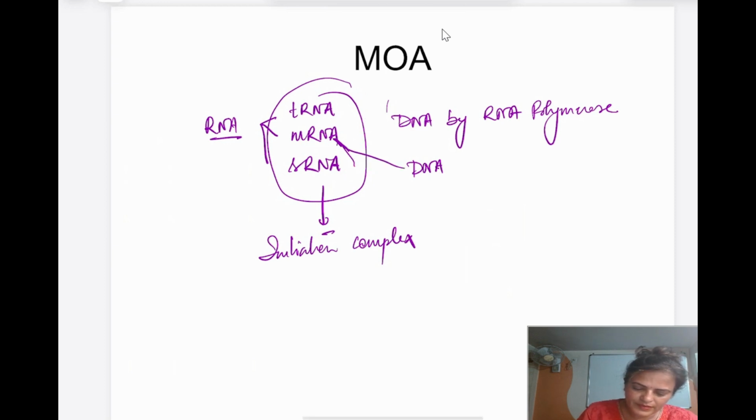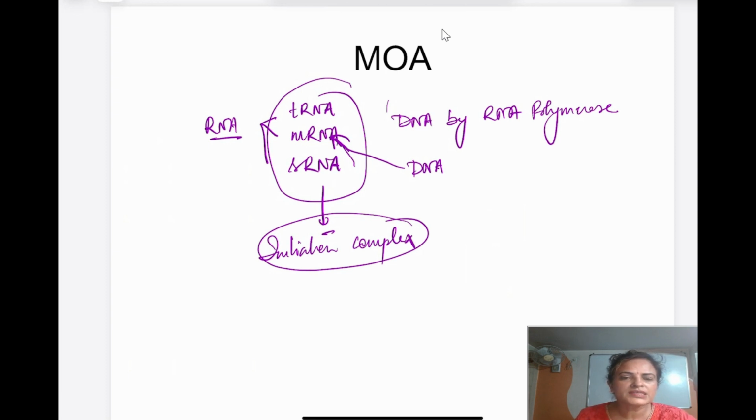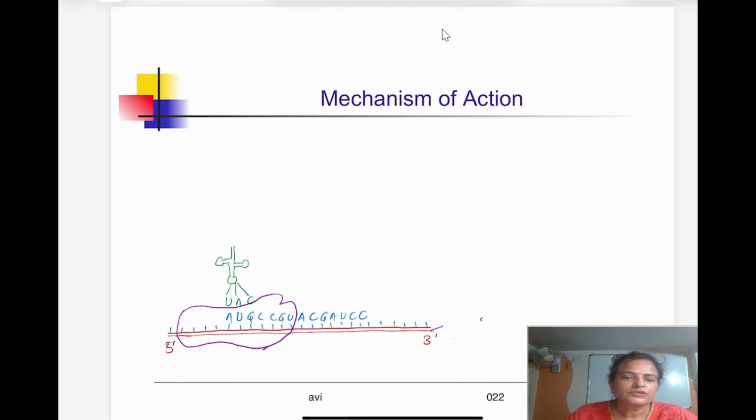So messenger RNA has a copy of DNA. Now how do they initiate protein synthesis by forming a complex? Here you can see all the RNA. This is the messenger RNA. This is the 30S subunit of ribosomal RNA, and this is the transfer RNA.